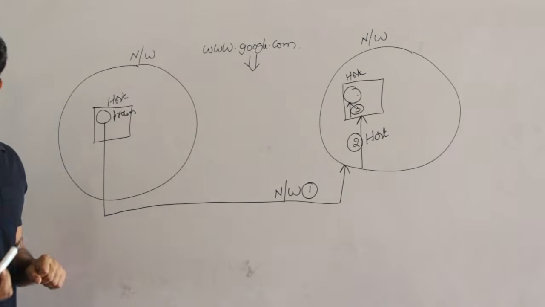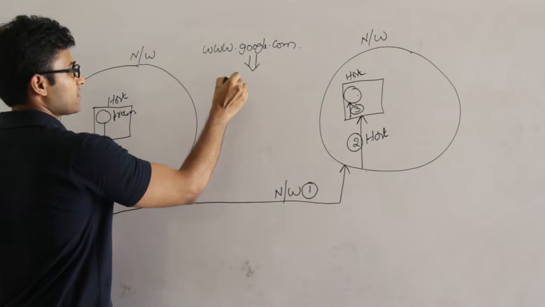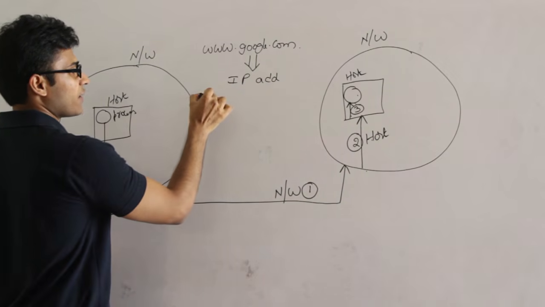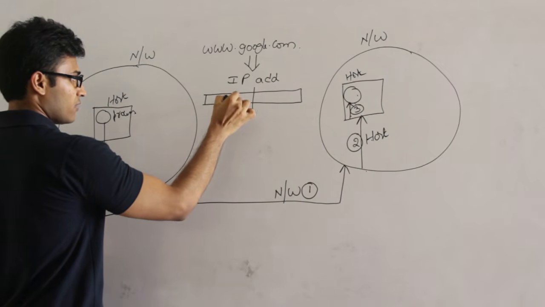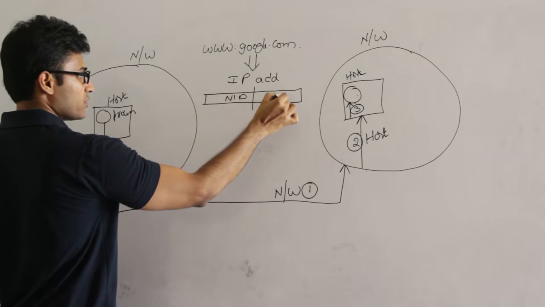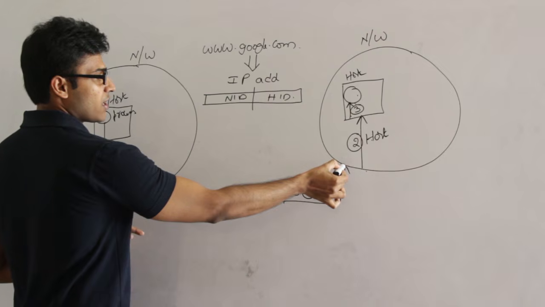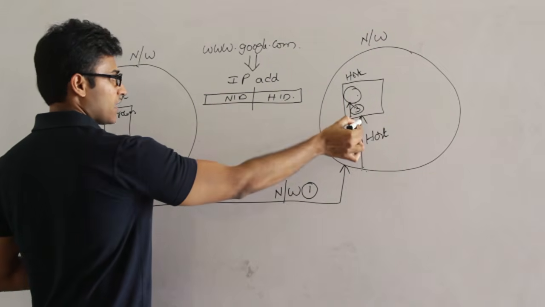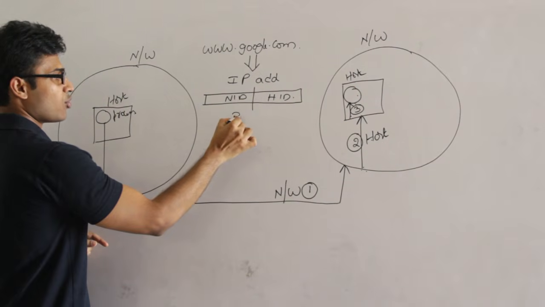So there has to be a service which converts the domain name into an IP address. Why IP address? IP address will have 2 parts. One part is called network ID and the other part is called host ID. Therefore using network ID we can reach the target network, and using host ID we can reach the target host. And then in order to reach the process we need something called a port number.